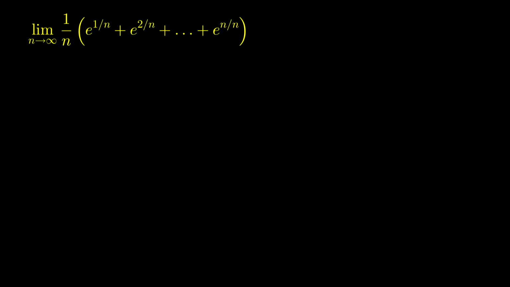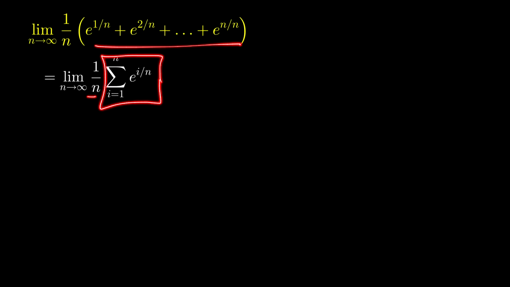To evaluate this limit, let us first write this sum using summation notation. So we can write it as the limit as n approaches infinity of 1 over n times this, which can be written as the summation from i equals 1 to n of e raised to i over n.